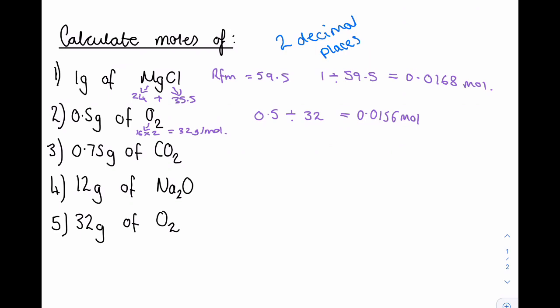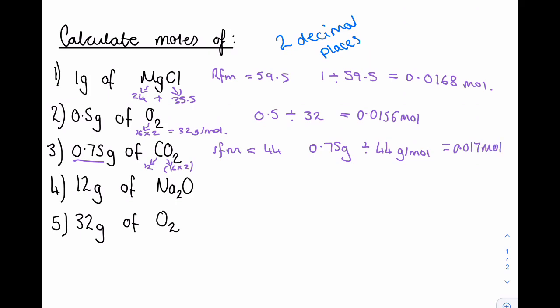So 0.75 grams of CO2, so C is 12, oxygen is 16 but times 2, remember. So your RFM here is going to equal 44, and then therefore the calculation would be your mass, which is 0.75 grams divided by 44 grams per mole, which will give us an answer of 0.017 moles.